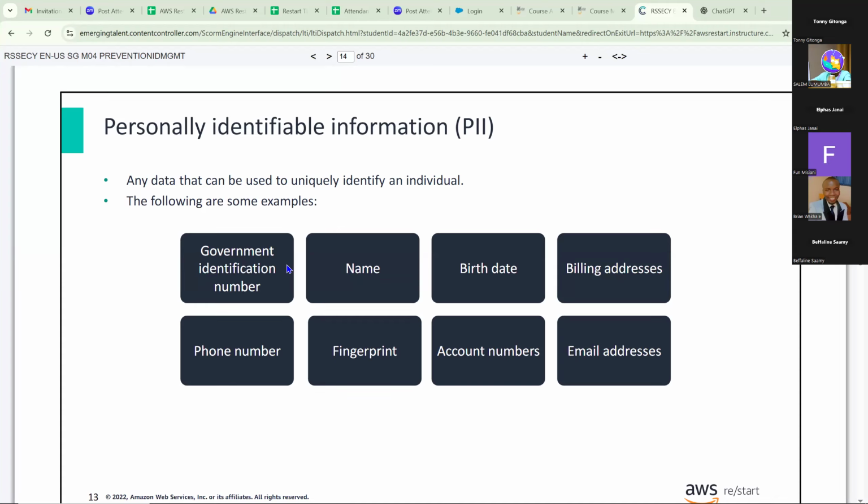So birth date can be shared. Account numbers should be unique to you. Your email address should be unique to you. Billing addresses can be shared, especially if it is, for example, a billing address for an estate or a company. It can be shared with a number of people.